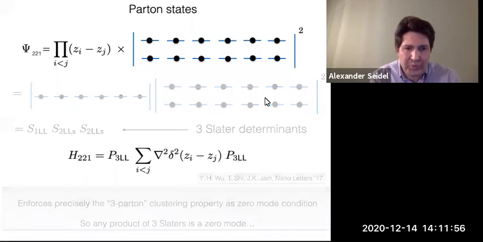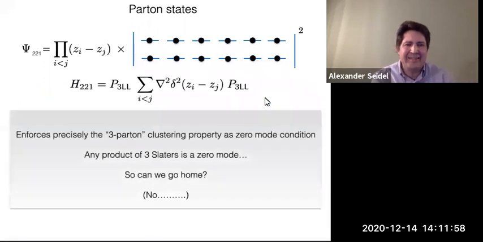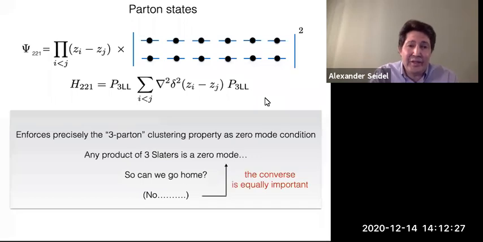So what we have is a Hamiltonian that enforces in its 0 modes this clustering property that we have 3rd order zeros. The Jain 2-to-1 state satisfies this. All products of 3 Slater determinants satisfy this. So could we call it a day then? And the answer is no, because by themselves, these observations don't actually lead anywhere conclusive yet. We need to know that there are no other 0 modes than those.